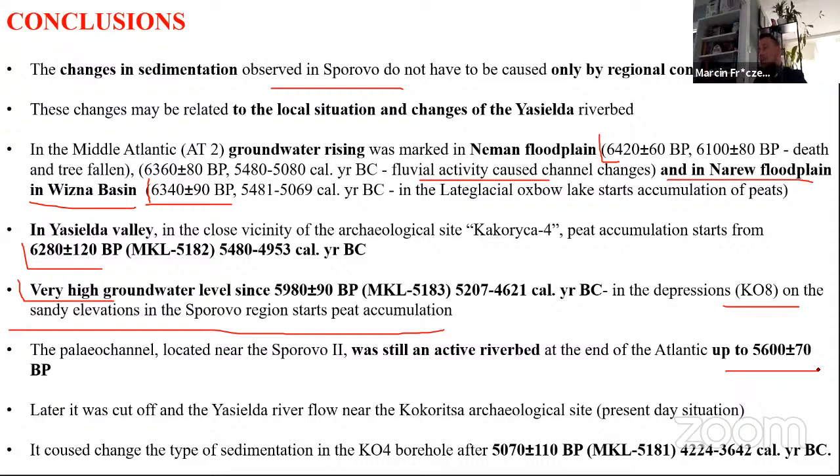And later the Jasielda river flowed near the archaeological sites, as in the present-day situation. This could also cause the changes in sedimentation in the KO4 profile, and since that day starts the accumulation of undisturbed peats.